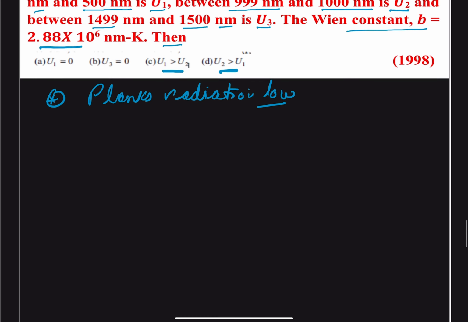It gives us the intensity of radiation at wavelength lambda.